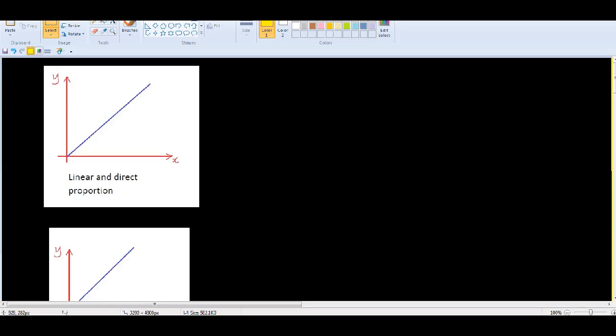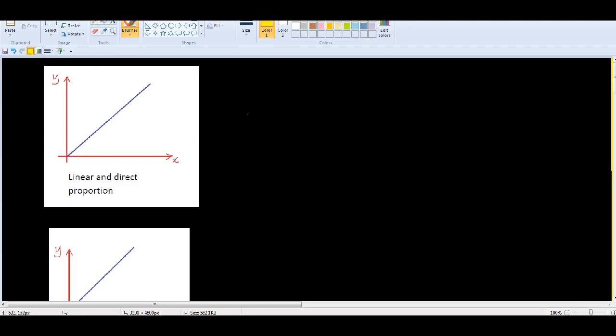So this is the second part of direct proportion, lesson 4. For this part, we are going to talk about how we could find an algebraic expression for a linear relation.